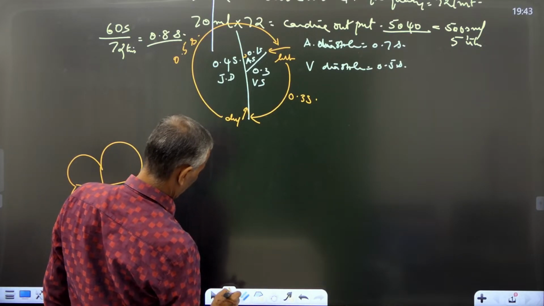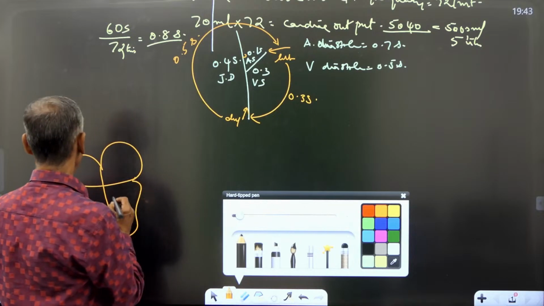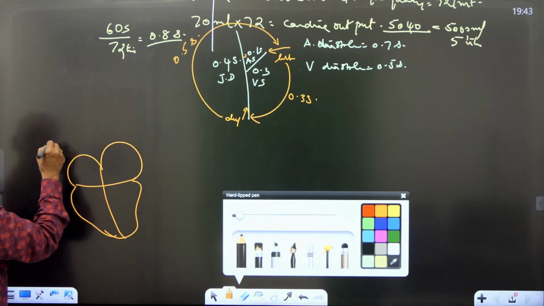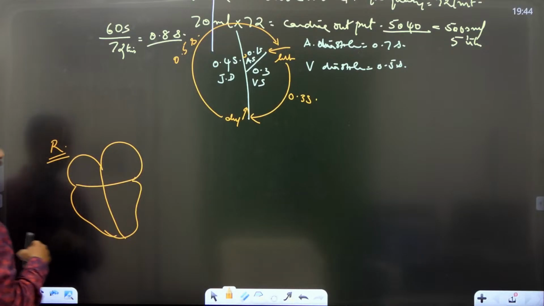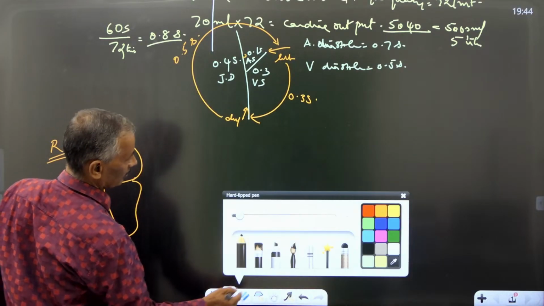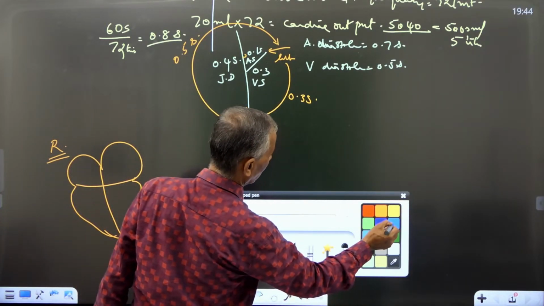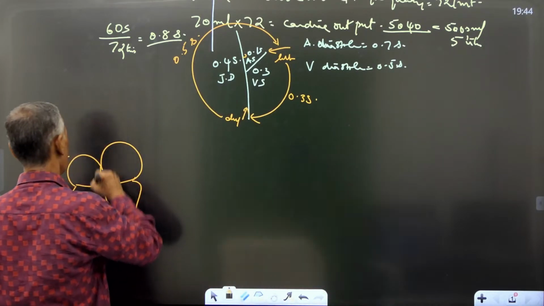The right side is concerned with impure blood. It is pumping blood to the lungs.